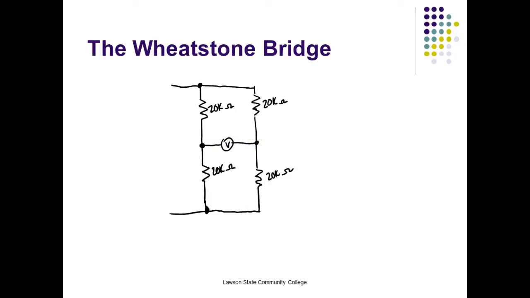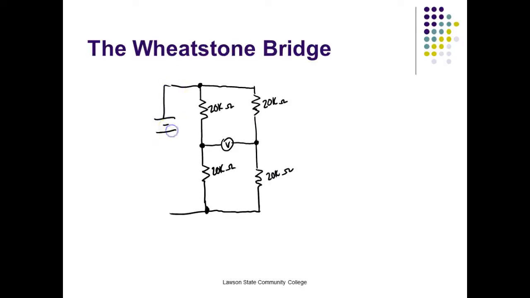Now, one of the things we learned about in series circuits is that if you've got resistors that are the same value, then they drop the same voltage. Another thing we learned is that the sums of the voltage drops have to be equal to the applied voltage.